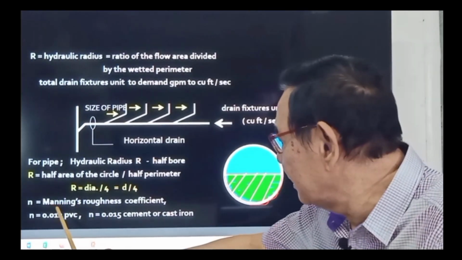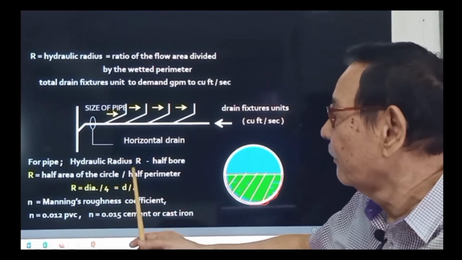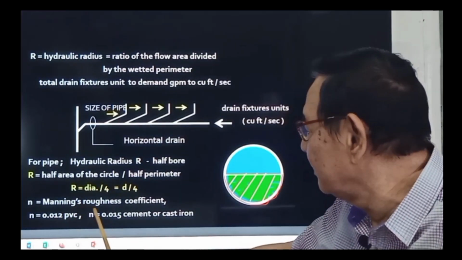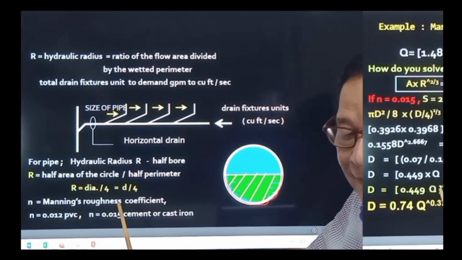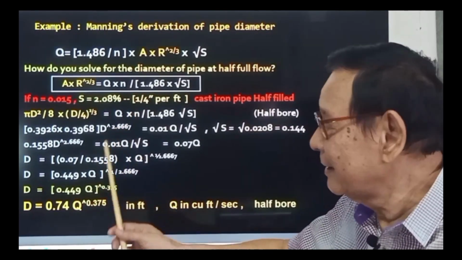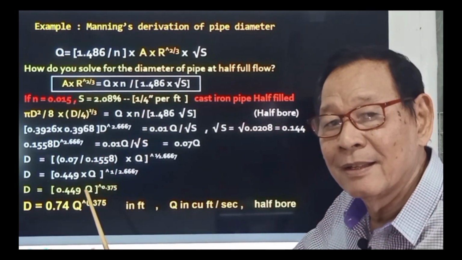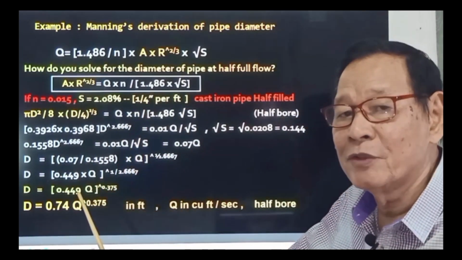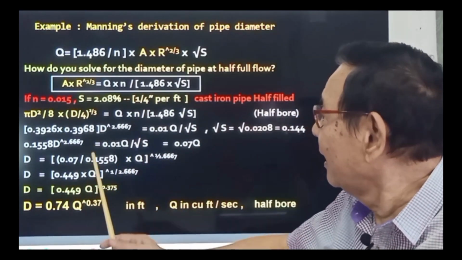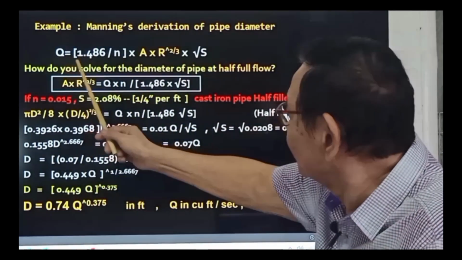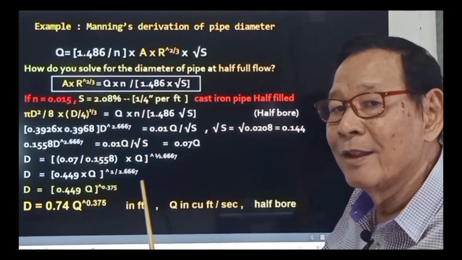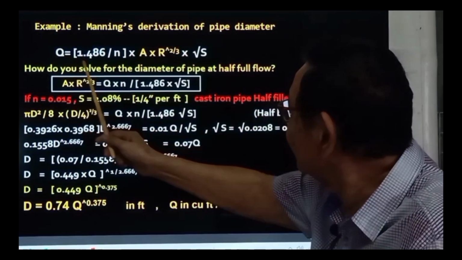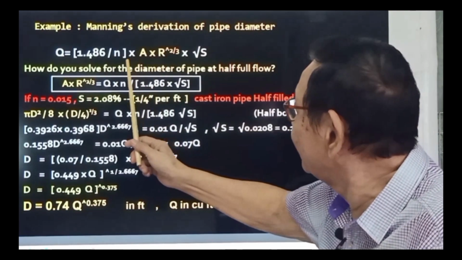So you know, Manning roughness coefficient, you can have 0.012 for PVC, 0.015 for cast iron. I will give to you the derived formula which you will be using in your computations. The Manning equation is this one. How do you find the diameter from this equation when there is no diameter involved here?